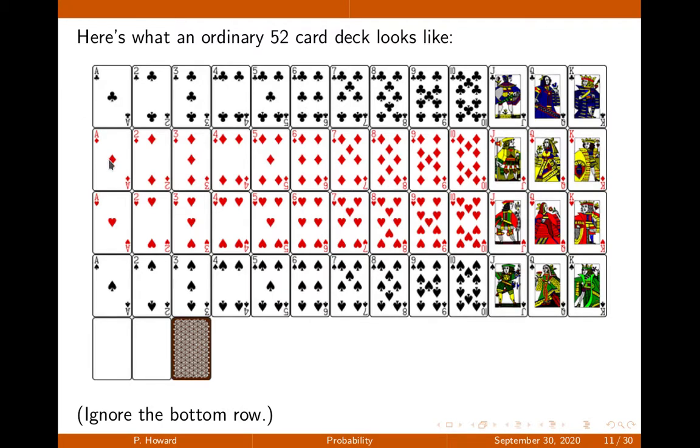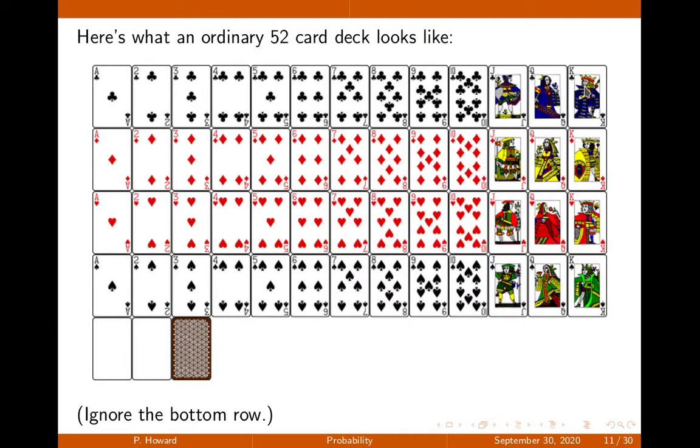There's a suit called diamonds. Those are the cards in the second row. The heart suit is the third row, and the spade suit is the fourth row. And in each suit are cards. You have the cards ace, 2 through 10, jack, queen, and king.